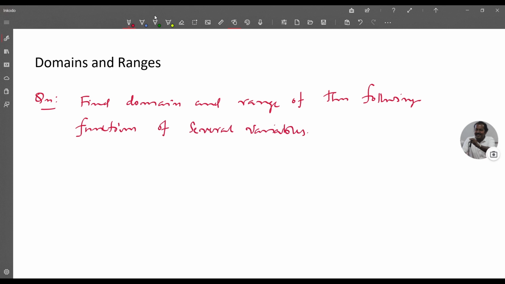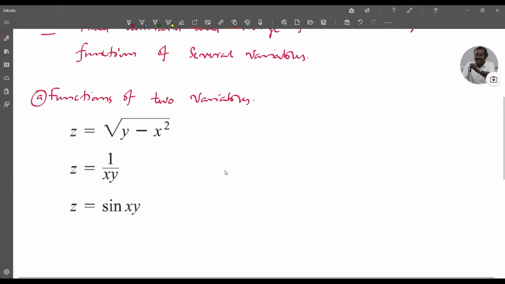So the first set is functions of two variables. So these are the problems. This is the first problem. Problems number 1, 2, 3.